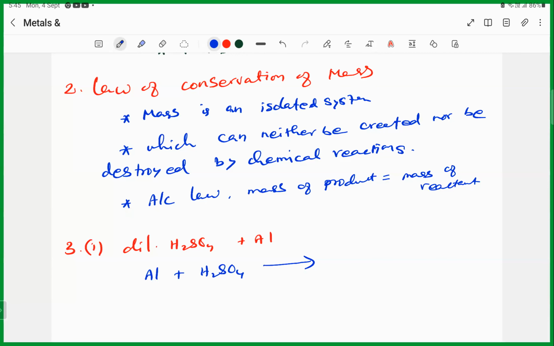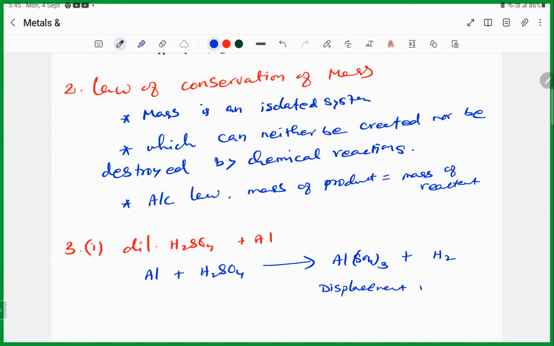Sir, displacement reaction. Correct. Displacement only. Sulfuric acid plus aluminum gives aluminum sulfate plus hydrogen. So it will be a displacement reaction, right?